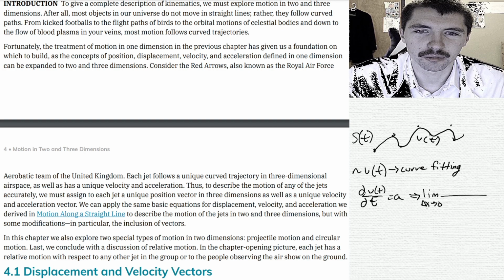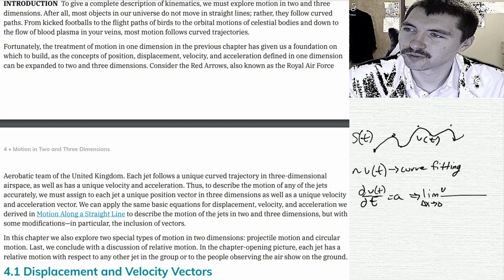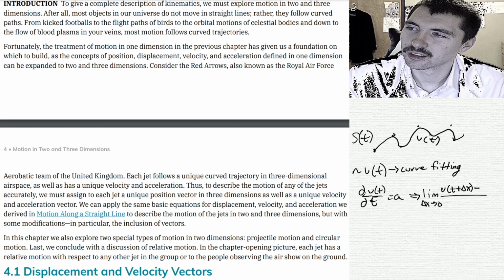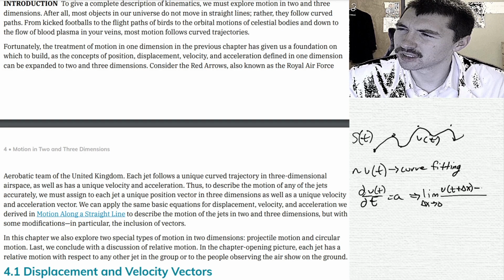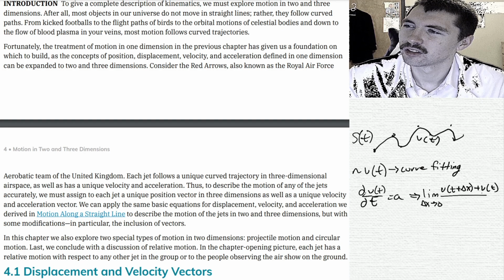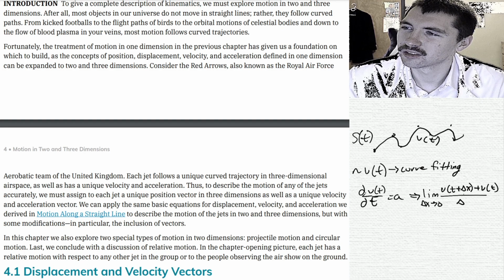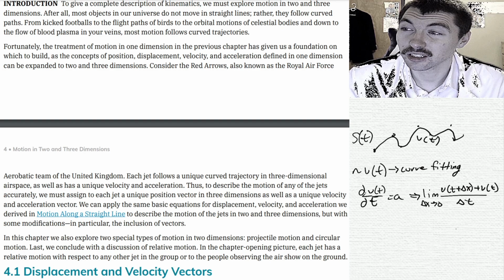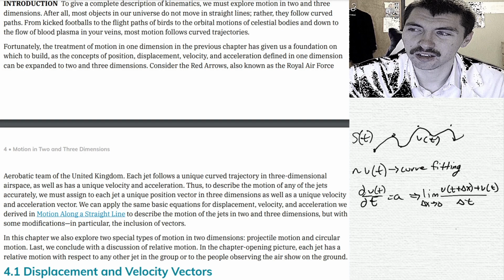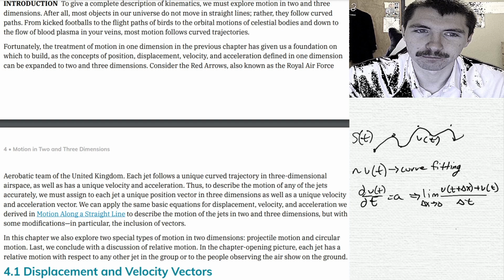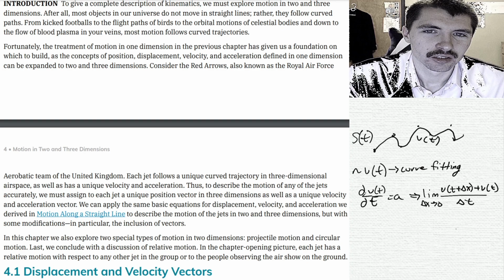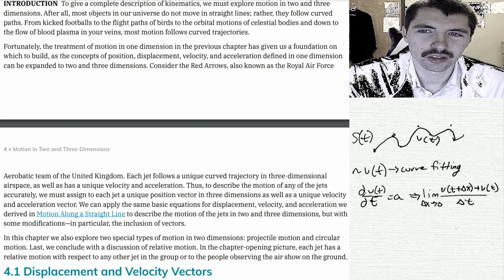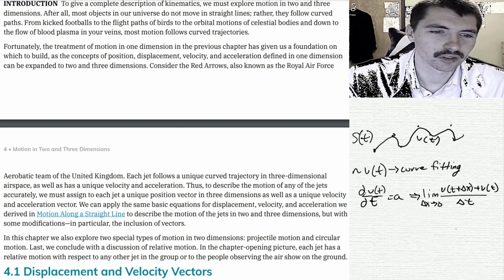I don't have it totally committed to memory, but I know it's like f of t plus delta t, minus f of t, divided by delta t. Don't quote me on it, but it's something like that. It's like taking the average, but taking infinite averages. Okay, so projectile motion is giving us a foundation.